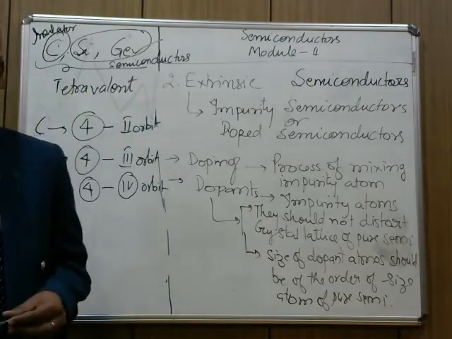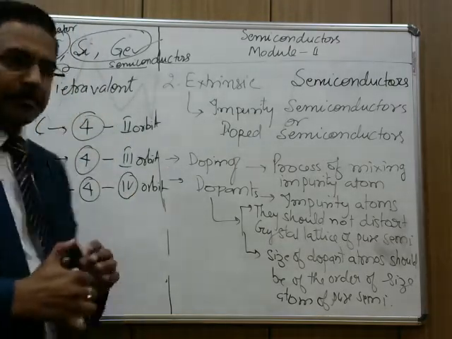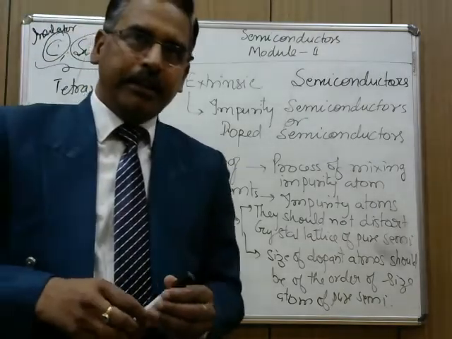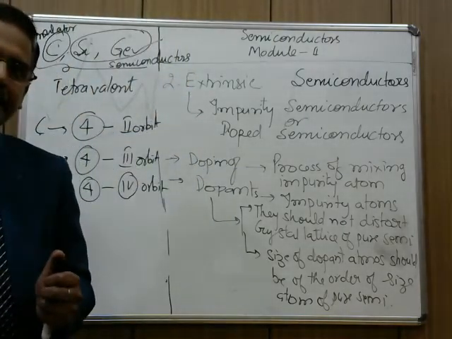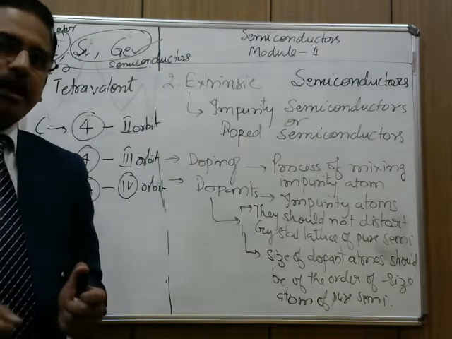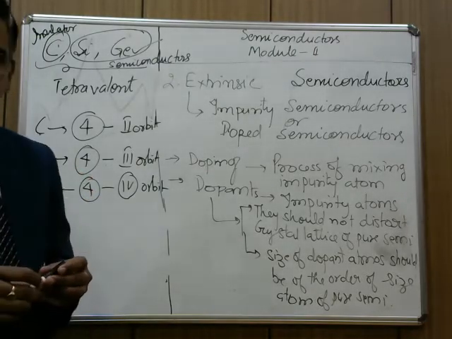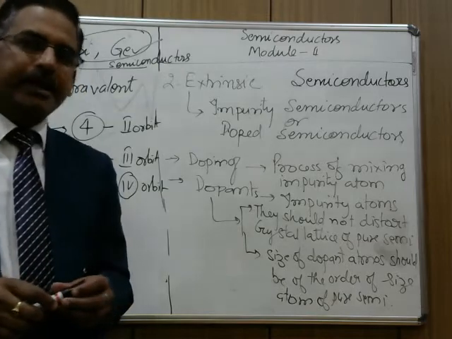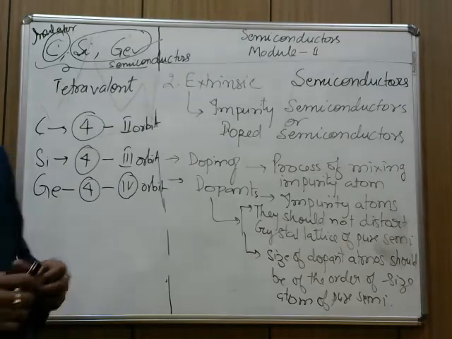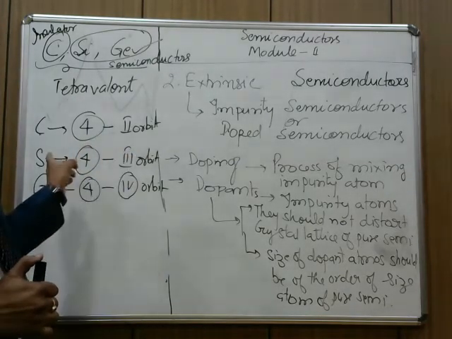Very simple. If these 4 electrons in carbon are revolving in the second orbit, it means the force of attraction of the nucleus on these electrons is much stronger compared to silicon or germanium, and therefore it requires a lot of energy to make them free, and that's why carbon behaves like an insulator.